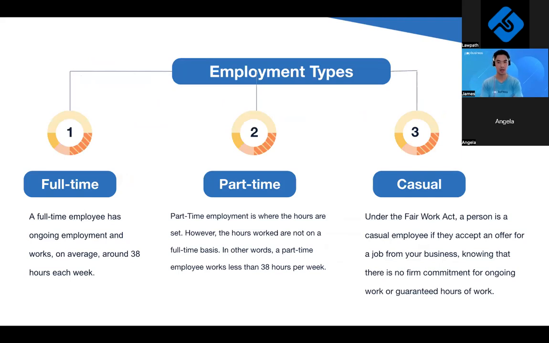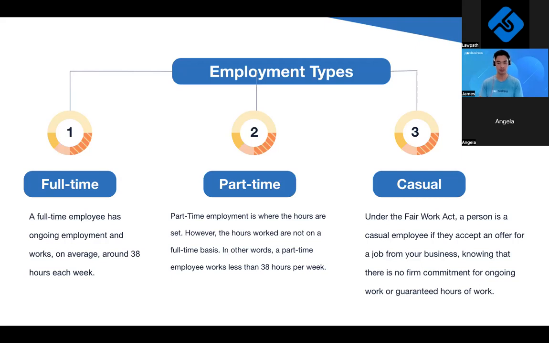Full-time employees are usually paid an annual salary, and they accrue at least 20 days of annual leave and 10 days of sick leave a year. Full-time employees are also eligible for parental leave if they meet the conditions. There are a set of conditions that you need to meet in order to be eligible for parental leave.